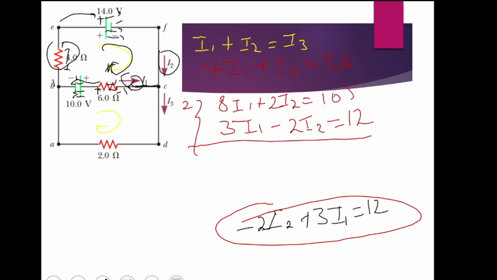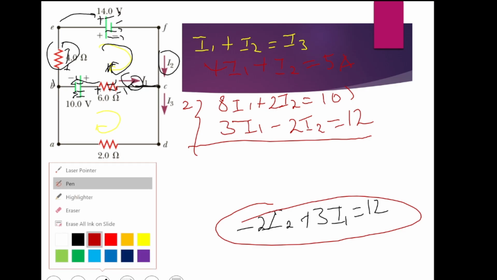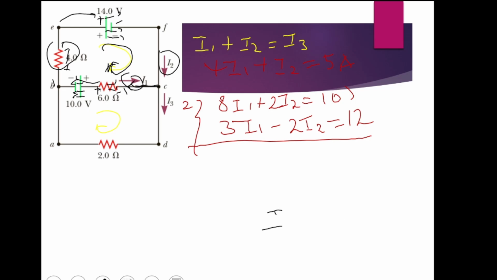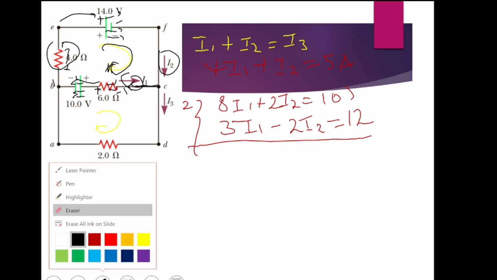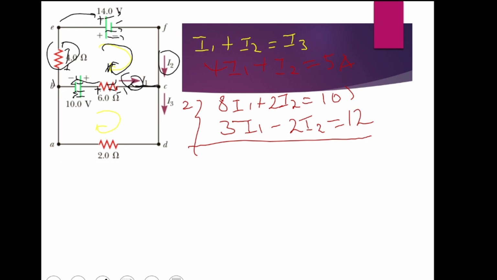Now here, let's add them together. So now when we add them together, 8 plus 3 is 11 I1s. The I2 terms will cancel each other. So 10 plus 12 is 22. So I1 is going to be 22 divided by 11, which is equal to 2 ampere.